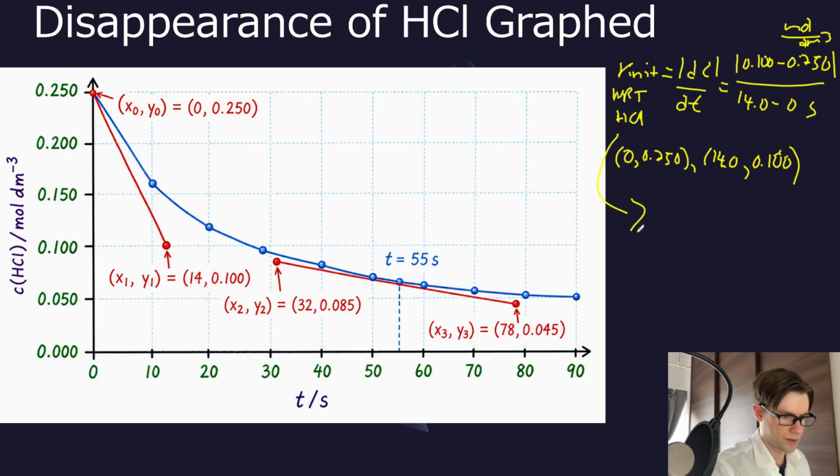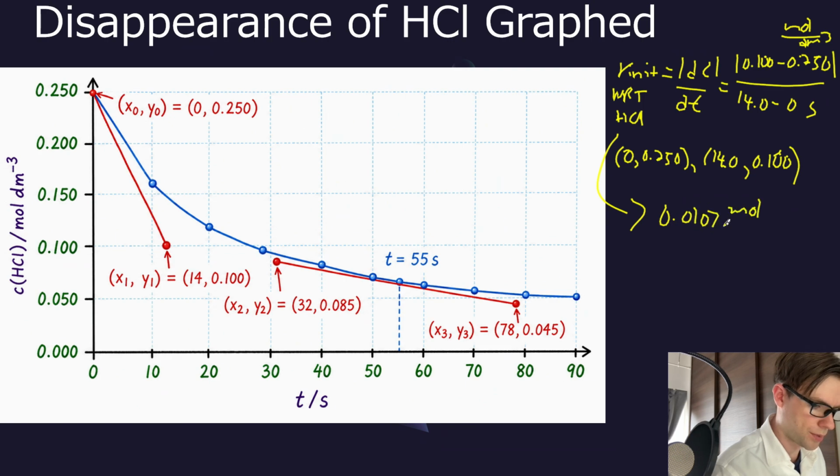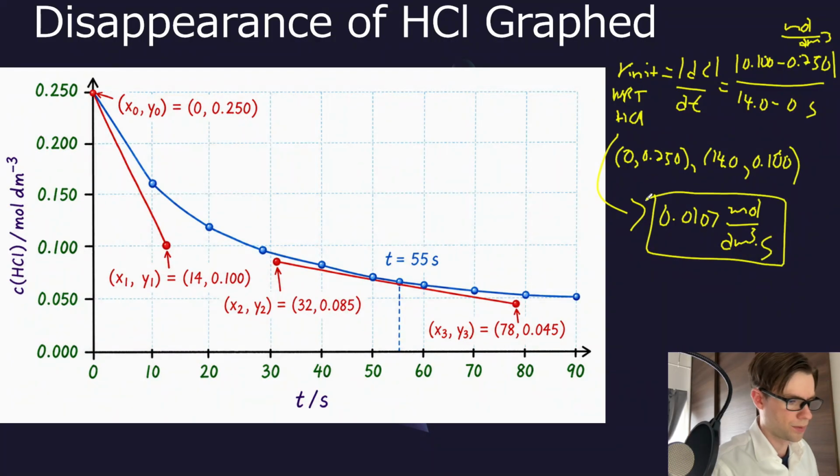So this will give us 0.0107 mole per decimeter cubed per second. Initial rate with respect to HCl, changing concentration.